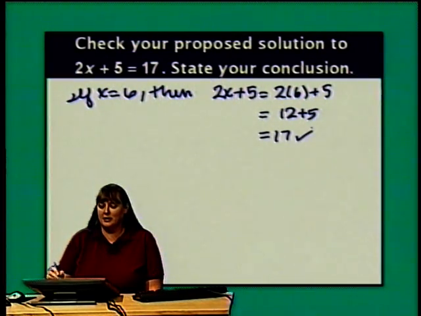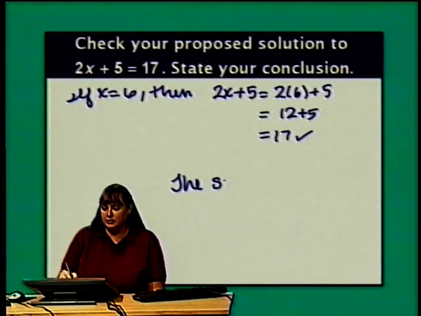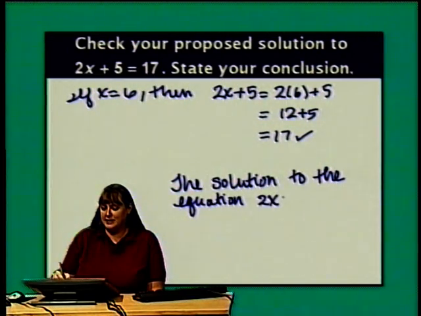The right-hand side of the equation is 17. The left-hand side of the equation evaluates to 17 when x equals 6. So now I can state my conclusion. So I can say the solution to the equation 2x plus 5 equals 17 is 6.